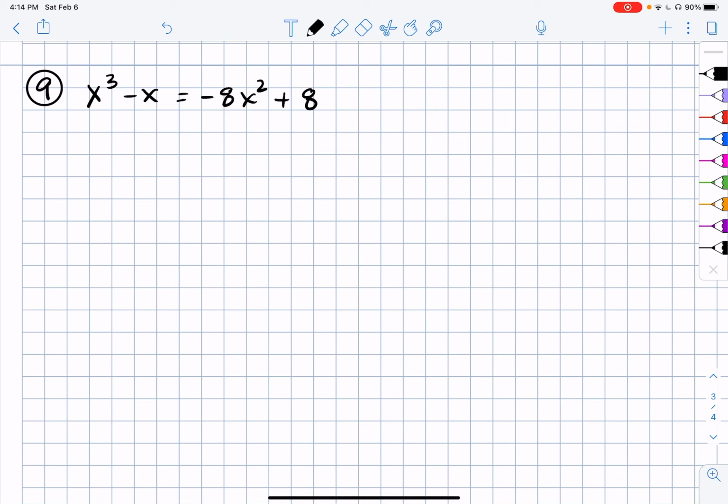Okay, so again, I see an equal sign, and I see a bunch of terms that are larger than 1. So automatically I'm thinking quadratic equations, which the standard form is this.